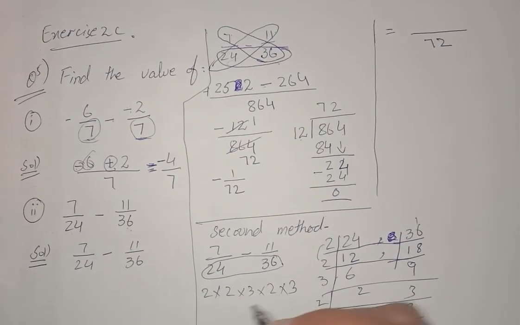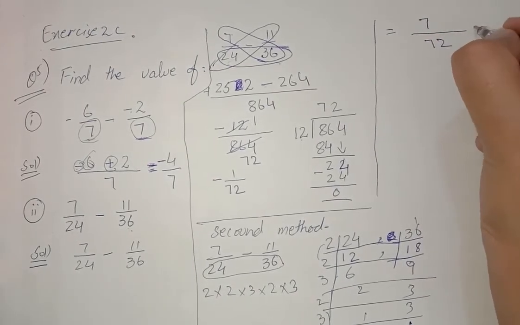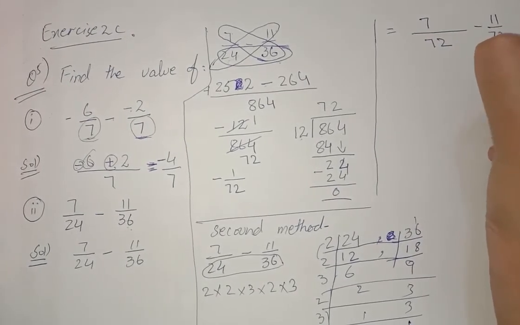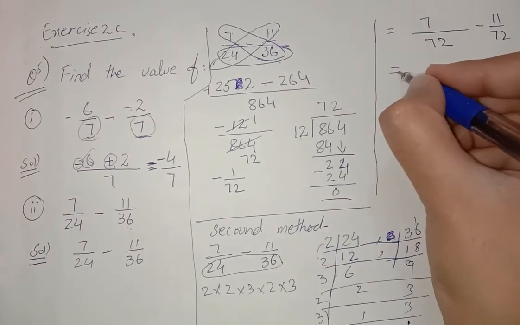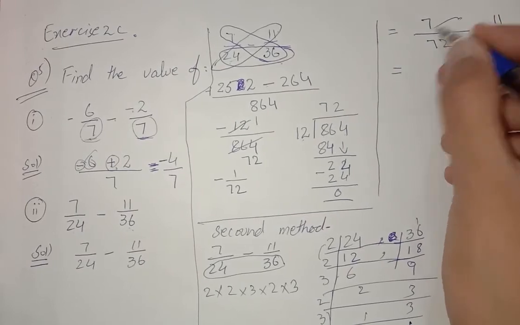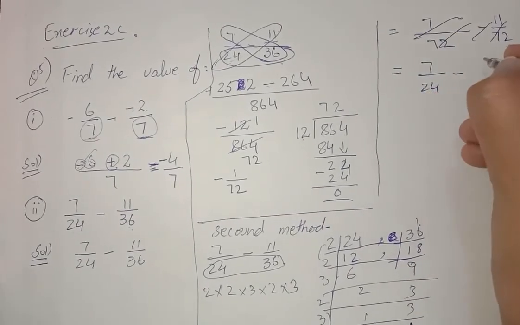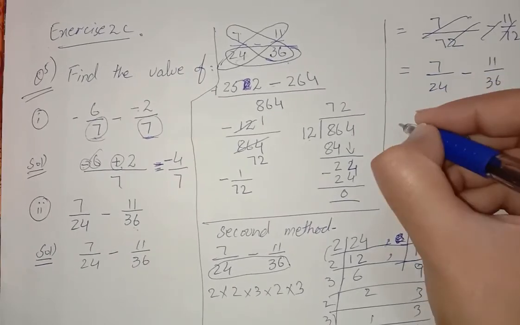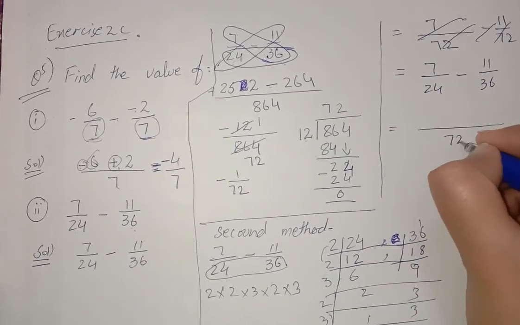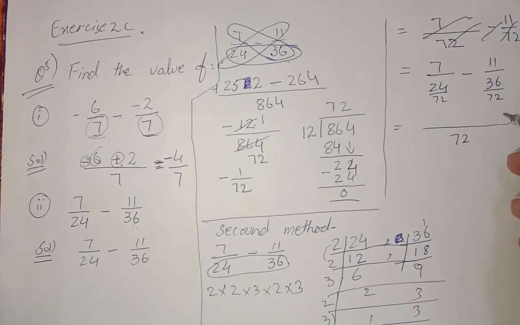Now 7 and minus 11 by 72. The both denominators are same. Oh sorry, I have made a mistake. That 7 by 24 minus 11 by 36. Here lies the 72. 72 divides with this and also with this.